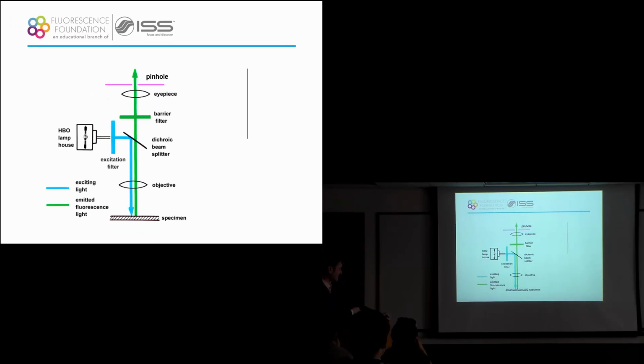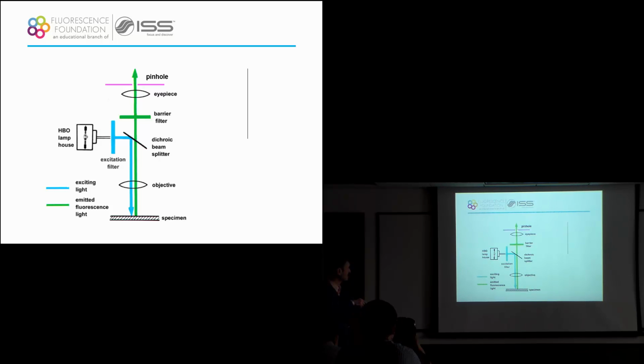What is the confocal? The confocal is just a fluorescence microscope where there is a pinhole placed somewhere in the detection channel. What does the pinhole do? If we don't have a pinhole, what we image is the specimen, but we image also points that are outside of the focal plane of the specimen, of the image here.